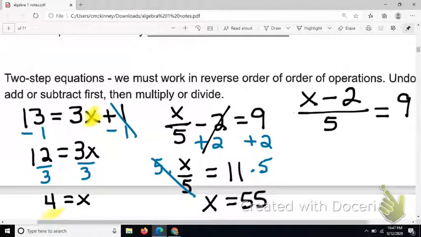In this one, the whole thing is getting divided by 5. So to get rid of this 5, I would have to multiply first. I can't add 2 because it's not really 2, it's really like 2/5. So I would need to multiply first if this whole thing is in a fraction.